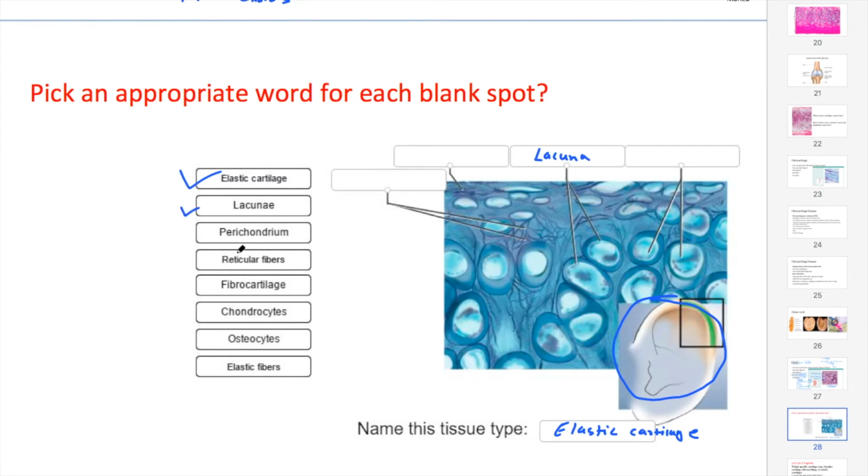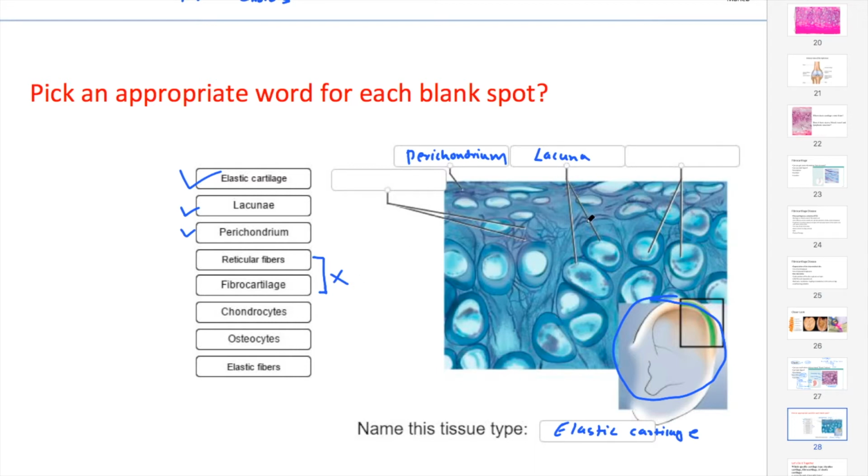Perichondrium. I don't think they showed it, oh yeah, they did. So the perichondrium is this, because it is the outer layer, right? Peri means surrounding. So reticular fiber. Do you find reticular fiber in elastic cartilage? Do you find fibrocartilage? These things are out of context.